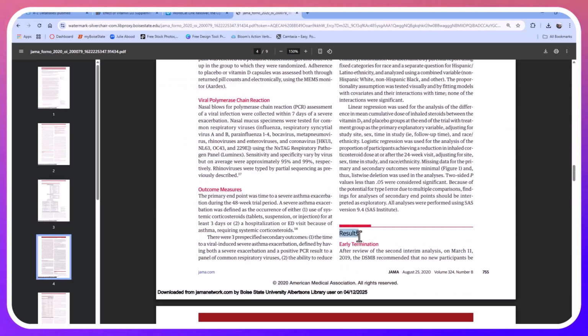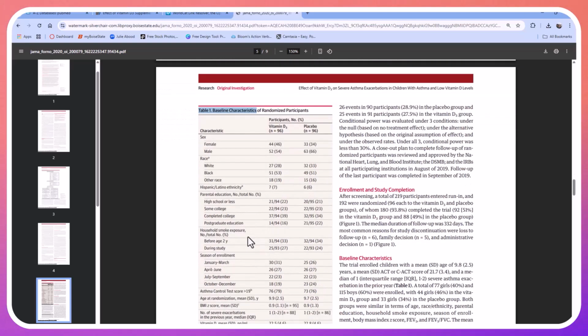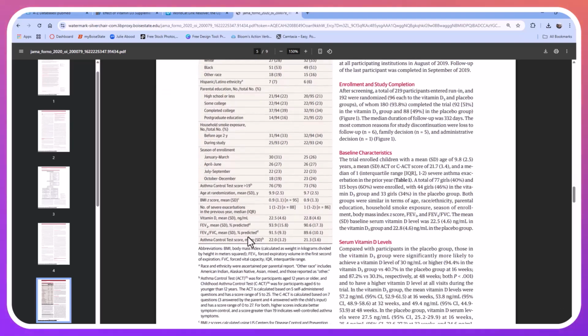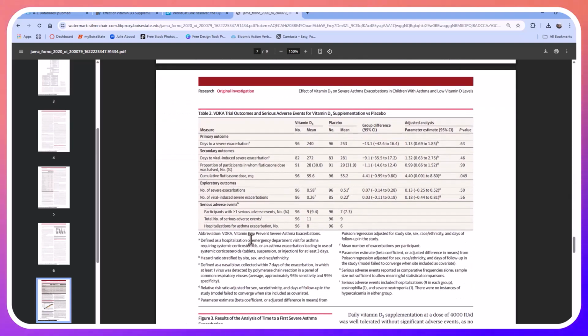Here's our results. Here's the baseline characteristic table that you find in each study that we have already discussed previously. Looking at table 2, we find group difference.